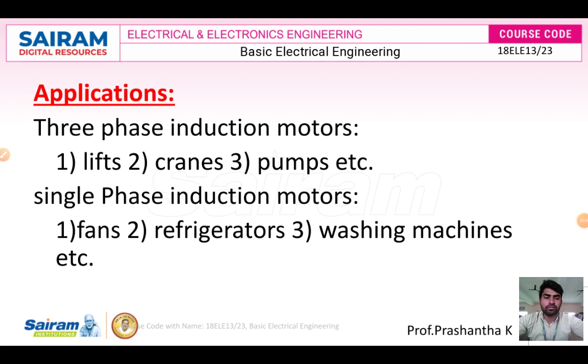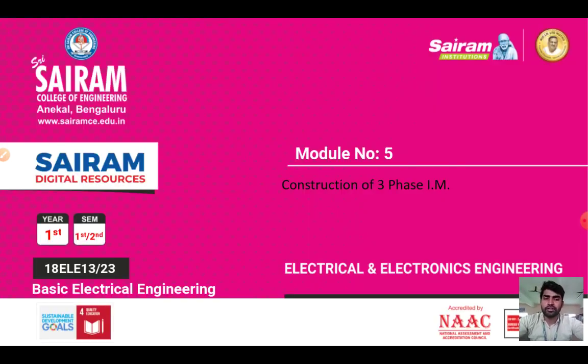Applications of the three-phase induction motor: lifts, cranes, pumps, submersible pumps. And the single-phase induction motor: fans, refrigerators. In our home, the ceiling fan is an induction motor, capacitor start capacitor induction motor. The refrigerator also needs a single-phase induction motor. And in the washing machine, for the rotations and all, we are also using an induction motor, okay.